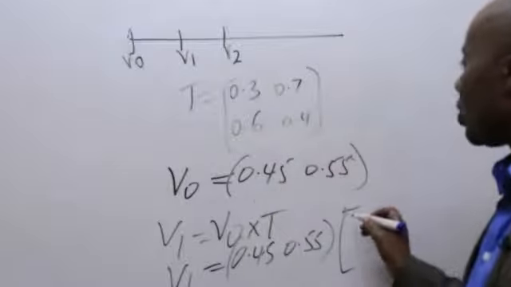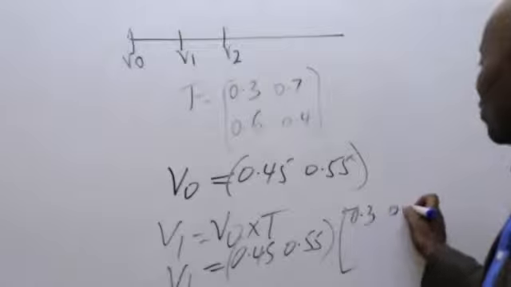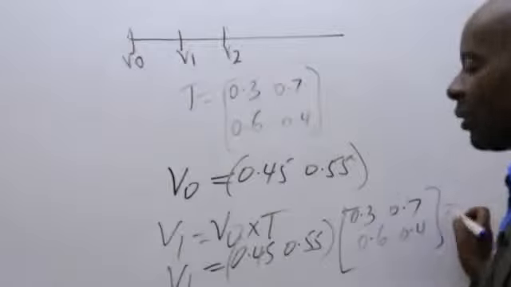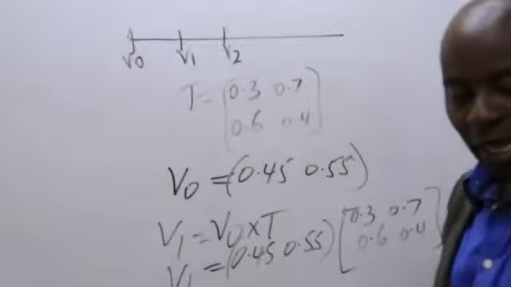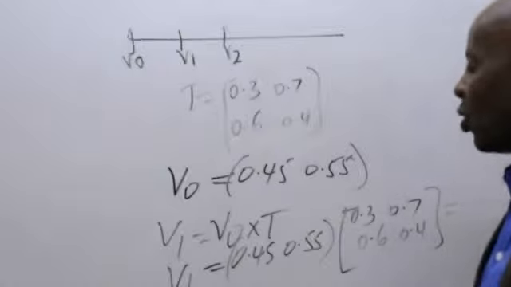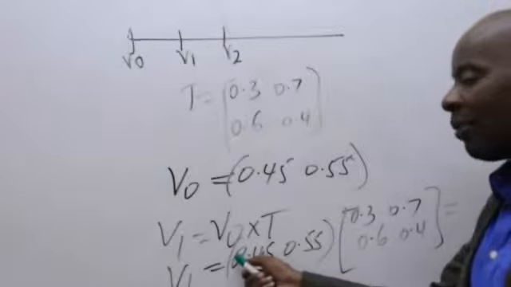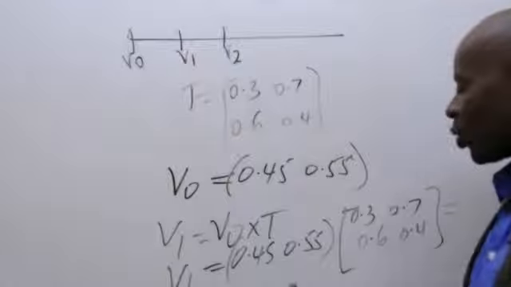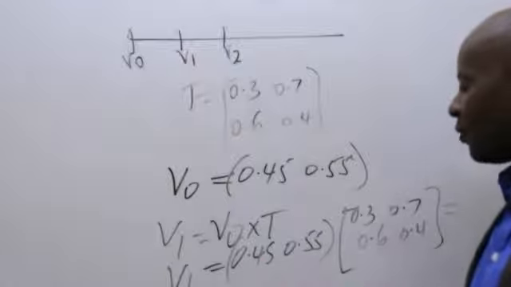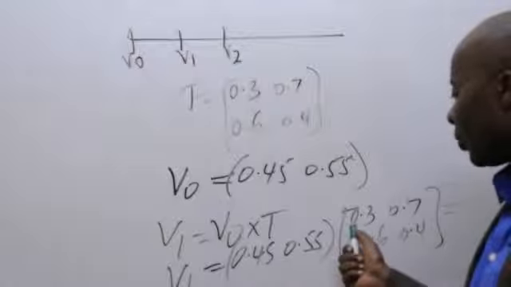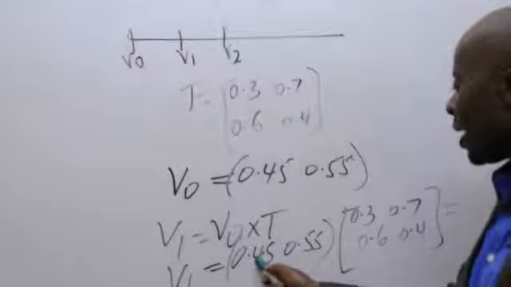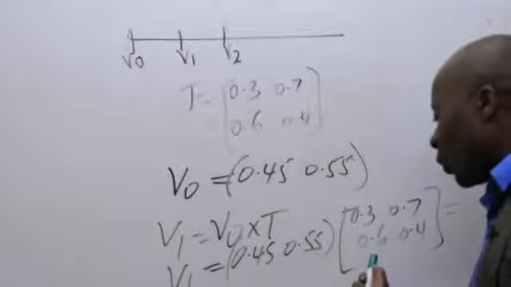The T matrix here is 0.3, 0.7, 0.6, 0.4. So, ladies and gentlemen, with this information, I should be able to do my multiplications very easily. Remember, when I'm multiplying, it's all about a row and a column. So what do we have here? It's 0.45 times 0.3, plus 0.55 times 0.6: first one multiplied plus second one multiplied.